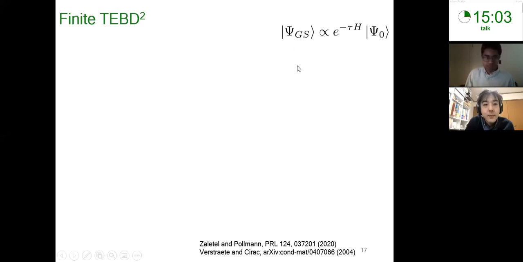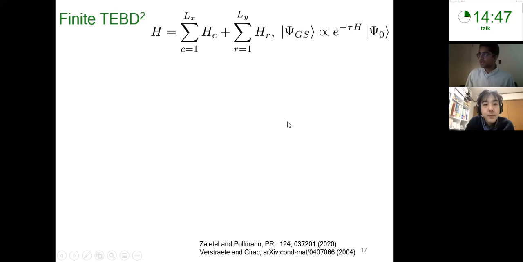As is the case in imaginary time evolution, we're going to be applying operators e to the negative tau H to our initial starting point psi 0, with the goal that as tau goes to infinity, our ground state will be proportional to the result, but unnormalized. So let's just consider how this works.